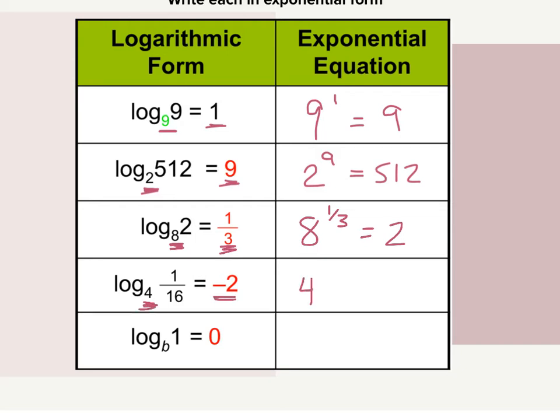Our exponent is on the other side of the equal sign, -2. And that's equal to whatever's left, which is 1/16. And then our last one, we get our base from the basement. Our exponent is on the other side of the equal sign, and then that's equal to whatever's left, which is just 1.